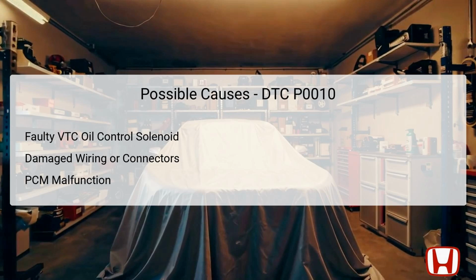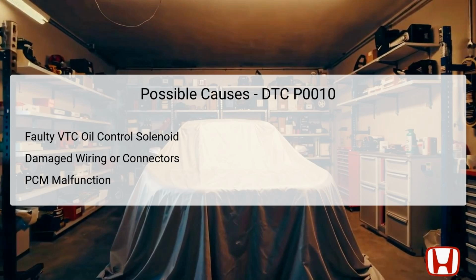The causes of DTC P0010 primarily include a faulty VTC oil control solenoid, damaged wiring or connectors, and potential PCM malfunctions. A faulty solenoid may not open or close correctly, causing irregular oil flow for timing adjustments. Insulation wear or physical damage to the wiring could result in poor electrical signals that reach the solenoid or the PCM.